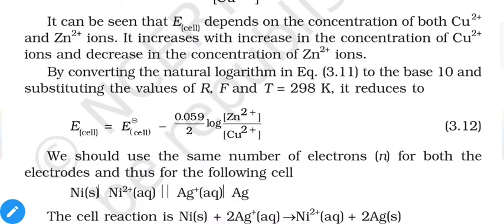Now we can further reduce the complexity of this equation by using some known or constant values directly. We can place them and calculate their values so that we reduce the complexity of our equation. As mentioned here, the cell potential depends on the concentration of both Cu2+ and Zn2+ ions.